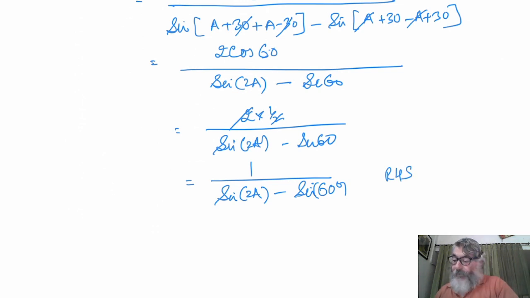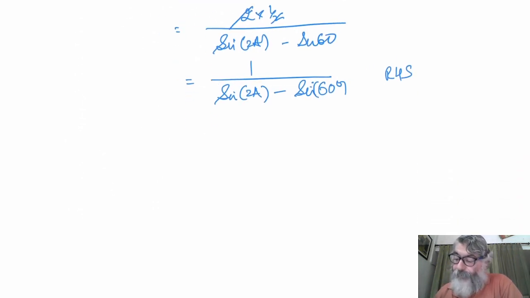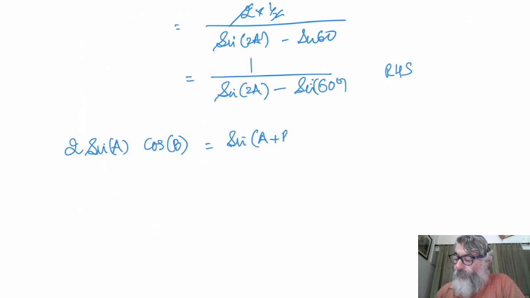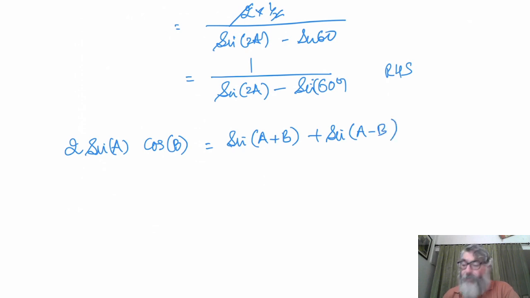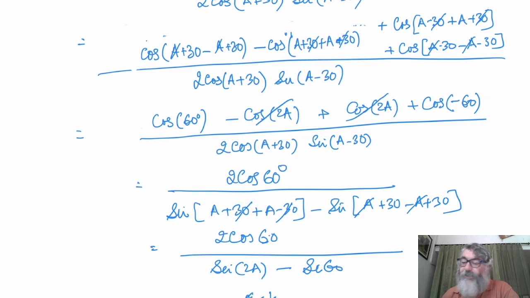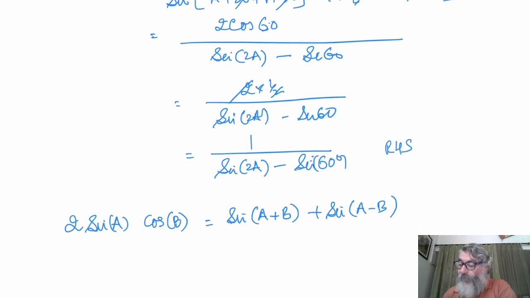Once again, let me write down the formulas for you. 2 sine A cos B is equal to sine A plus B plus sine A minus B. So wherever we see 2 sine A cos B, we'll apply that formula.